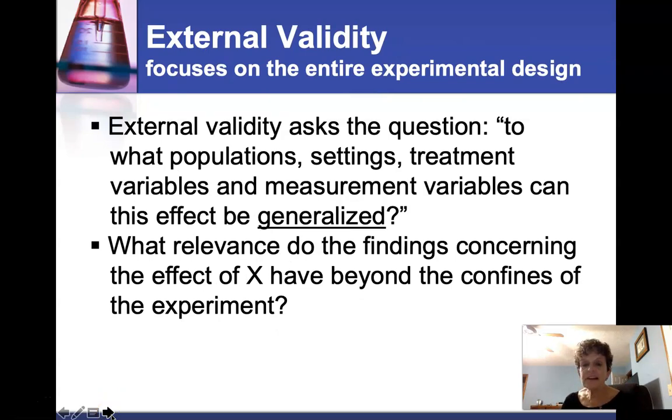So external validity is asking the question, when you're thinking about it, to what population settings, treatments, or variables can I take this effect that I found, and can it be generalized? What is the relevance? What do the findings concerning the effect of this one particular thing, my X, have beyond my particular experiment that I've done?